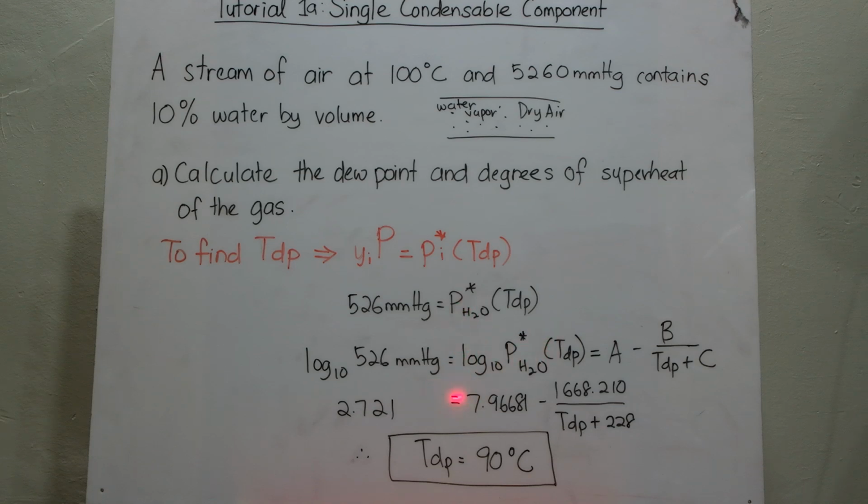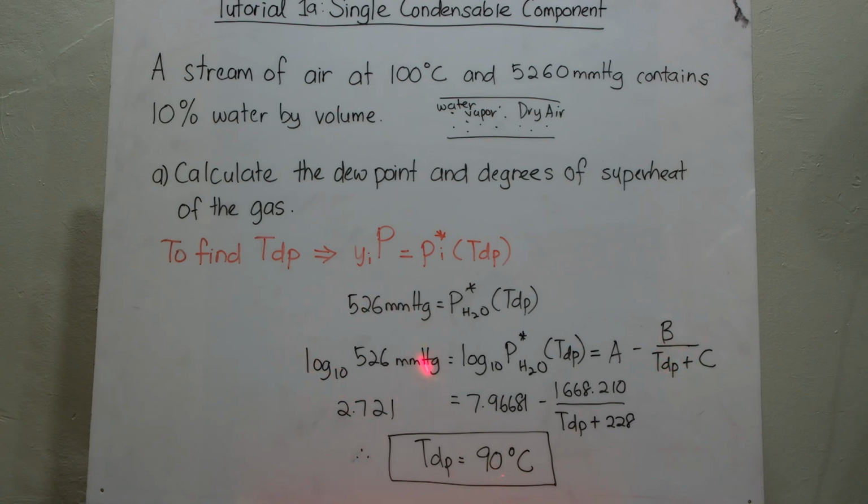We have to rearrange this like so: log 10 of 526 millimeter mercury is equivalent to log 10 of the vapor pressure of water at TDP. So we will have this equation, A minus B over bracket TDP plus C. This is from the Antoine equation, but we rearrange so that we can get this temperature.